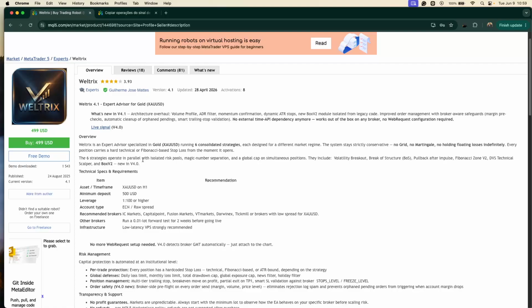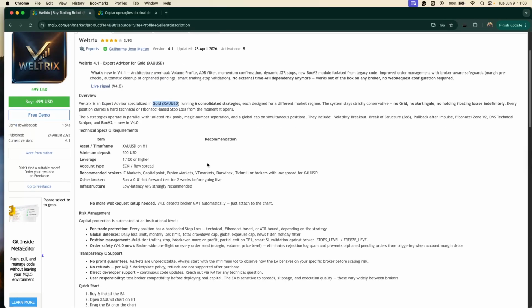We also have the new box V2 model, and all of these are in this expert advisor working in parallel on gold. These 6 consolidated strategies work together on gold, and it stays strictly conservative. Each strategy has isolated risk and magic numbers with a global cap on positions. There is no greed, there's no martingale according to what is stated here.